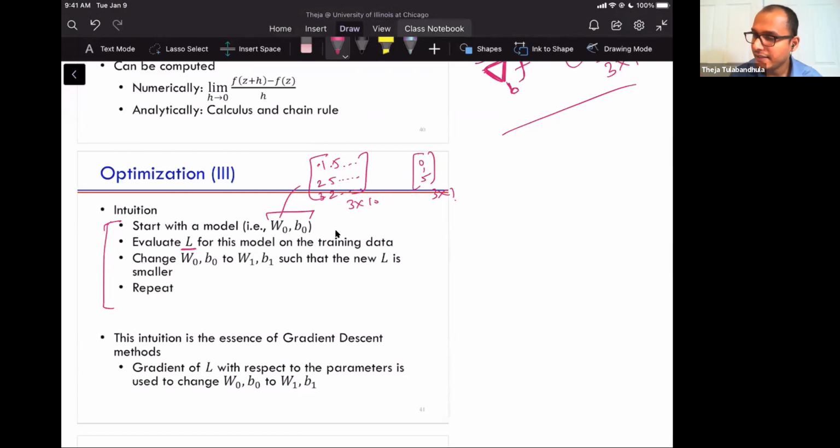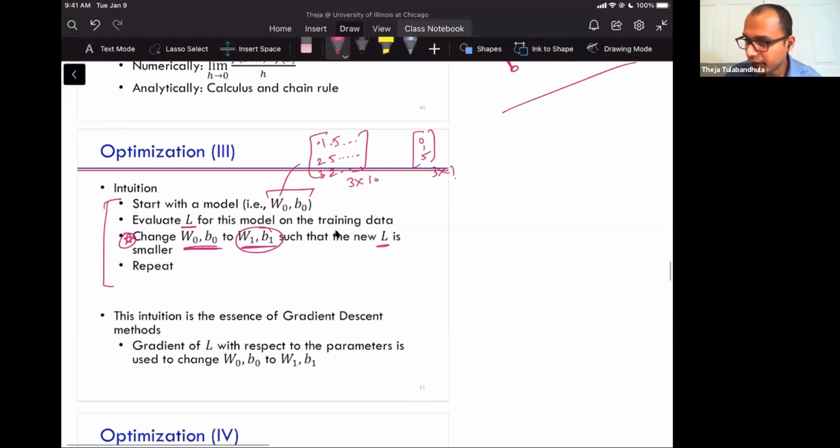The intuition is that we're going to change from W0, B0 in an iterative fashion to W1, B1, another pair of matrix and vector, with the hope that the loss value for this new pair of parameters is going to be smaller. Remember, we want smaller and smaller loss. Low loss implies a better and better model. That's where all the intuitive trick is.